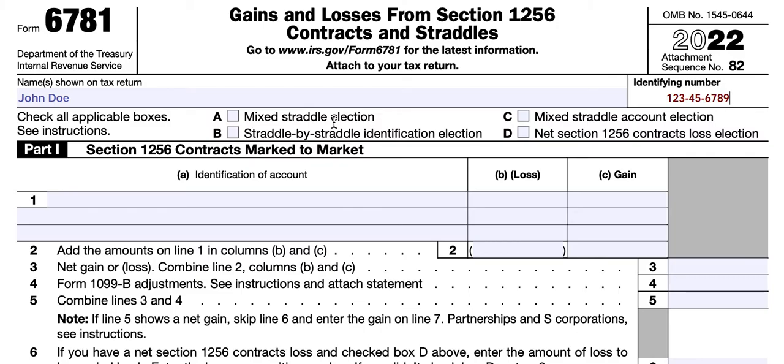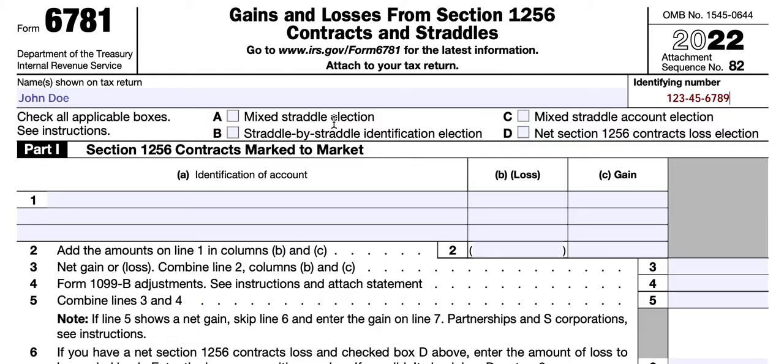In box C, the mixed straddle account election, you would use this under temporary treasury regulation section 1.1092B-4T to establish one or more mixed straddle accounts for the tax year by the due date for the following tax year, for the upcoming tax year, by the due date of your current tax year.